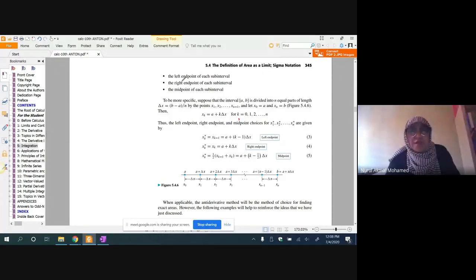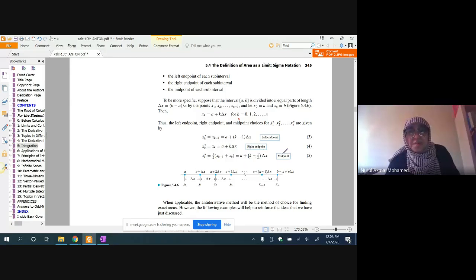You can use left endpoints, right endpoints, and the middle points. This is the formula for the left endpoints: x k star is equal to x k minus 1. For the right endpoints, it is x k.